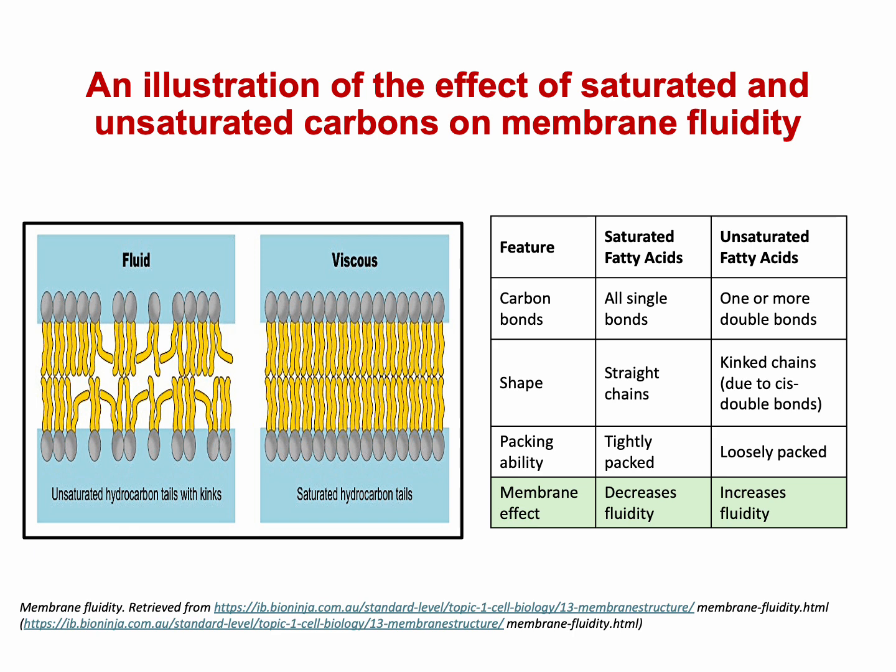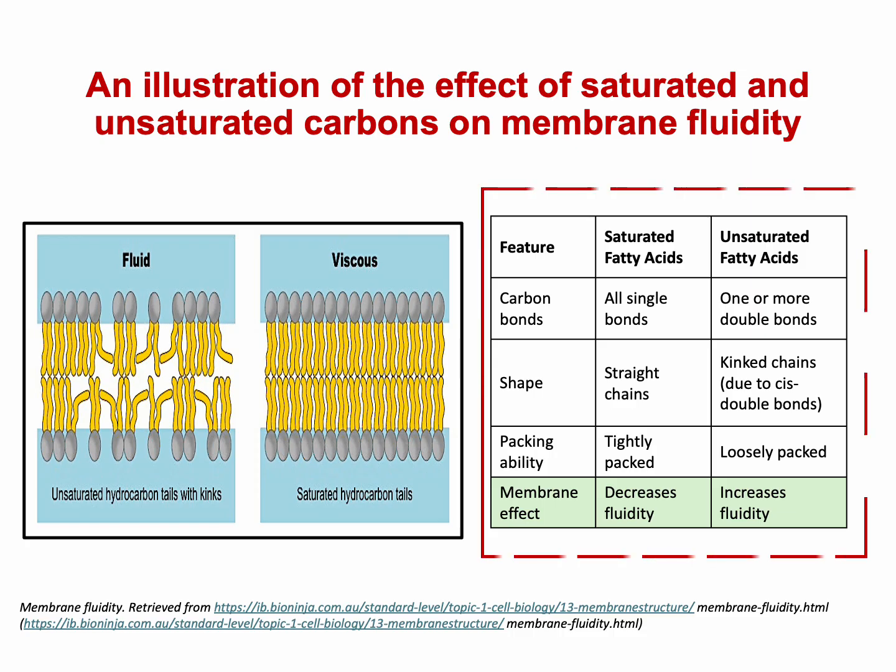Conversely, unsaturated fatty acids have bends caused by double bonds, which hinder tight packing and enhance membrane flexibility. Now, this interplay allows cells to adjust membrane characteristics according to temperature and functional demands.